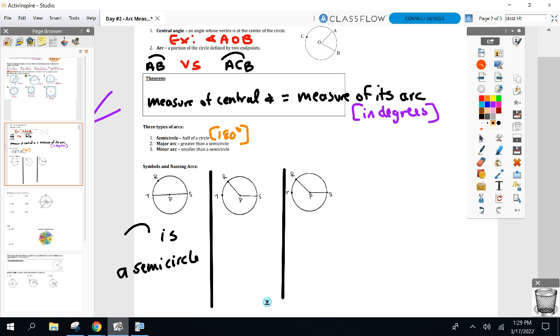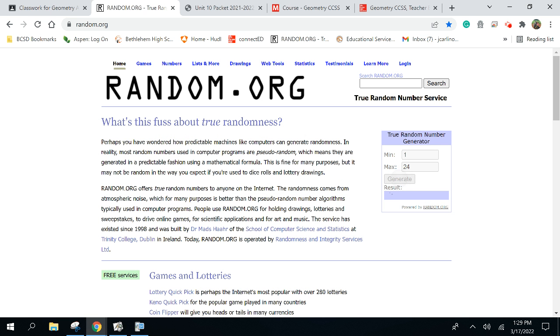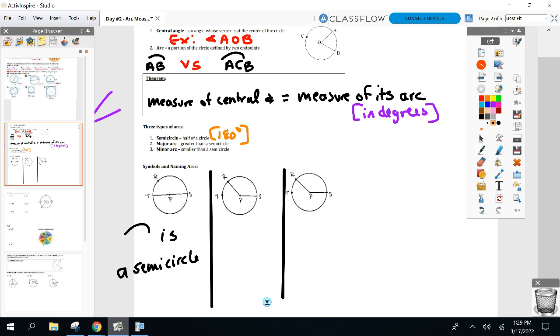Whenever you're ready. Matt, name a semicircle when you're ready. Arc TS, that's fine with me. And I know what arc Matt's talking about because I'm going right from T to S. If he talked about the other one, it would be called TRS. Good. Name a major arc on the second diagram. Blank is a major arc.